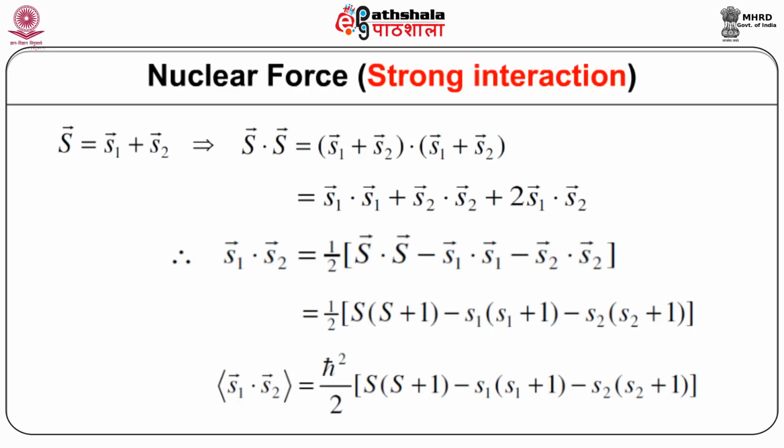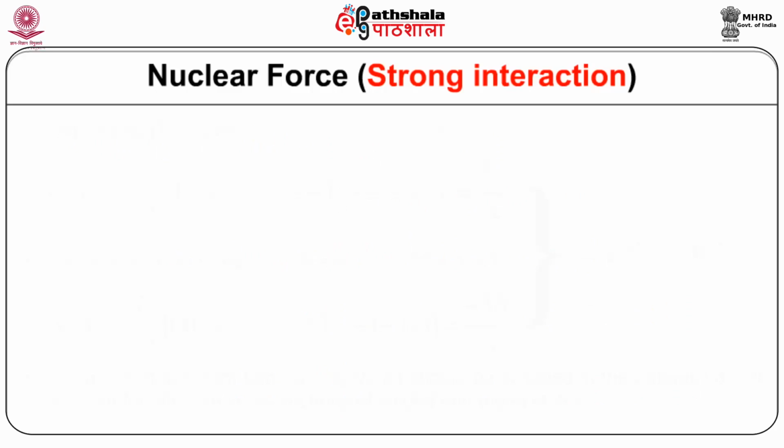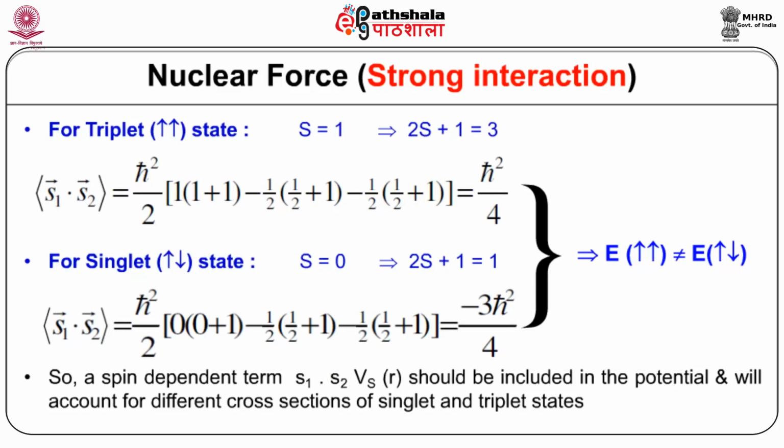On simplification this yields the expectation value of S1 dot S2 equal to h bar squared over 2 times [S(S+1) minus s1(s1+1) minus s2(s2+1)]. We are continuing with our discussion about the contribution of the spin term in the strong interaction. For the triplet state, we have capital S equal to 1, which implies that 2S plus 1 is equal to 3.